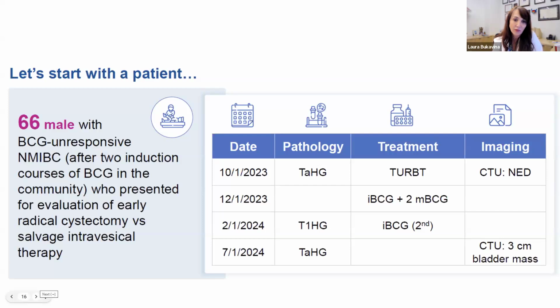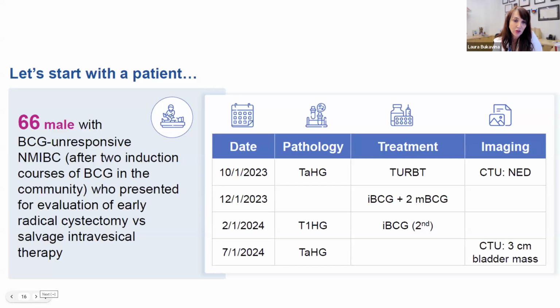So we'll start. This is a typical patient many of us see in the outpatient setting. This patient is a 66-year-old male. Some of the dates have been changed to protect patient privacy, but this is a patient who's failed BCG twice. He was diagnosed with non-muscle invasive bladder cancer a couple years prior. And he underwent standard of care.